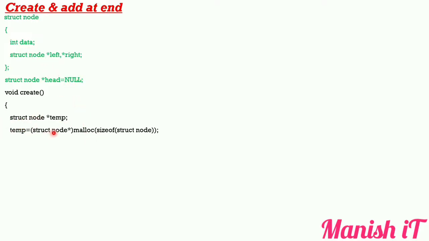After this statement, memory is created. It is not exactly like this, but it is a logical representation of the linked list. Its base address starts from 1000, and 1000 to 1004, like this.